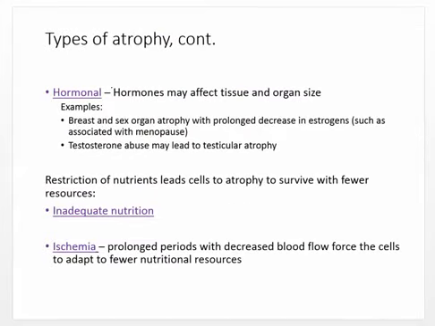Okay, so also hormonal. Hormones affect tissue, organ, and size. We know that because of hypertrophy, which is the next thing we're going to talk about. That's why people take steroids, testosterone, because that is a signal that tells the muscle cell, in this case, to grow.